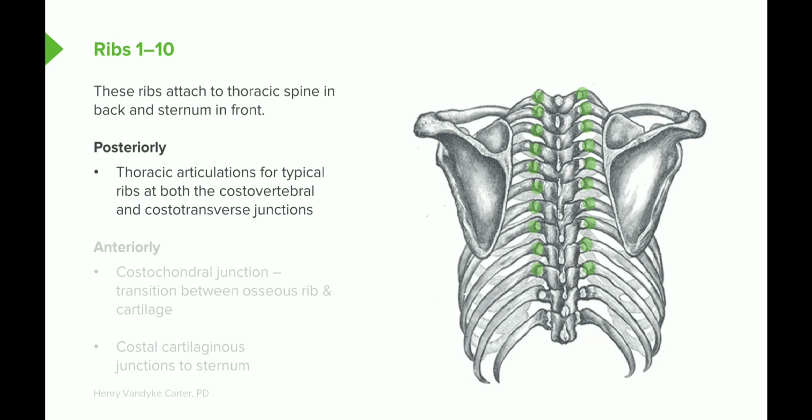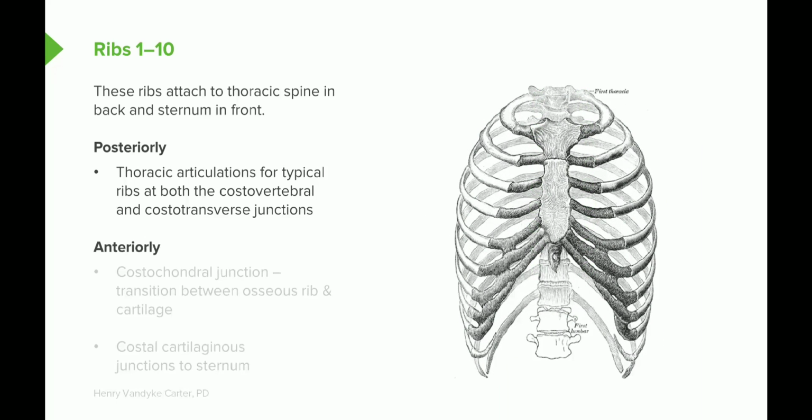That's where it's connecting. When you go anteriorly, you'll see that the costochondral junction, the bone and the cartilage, are going to transition between osseous ribs and cartilage. There's a connector, another point that brings the bone to the manubrium so that motion is easier. There is more motion when you have cartilage than when you have bone.